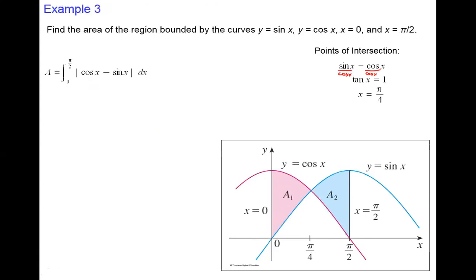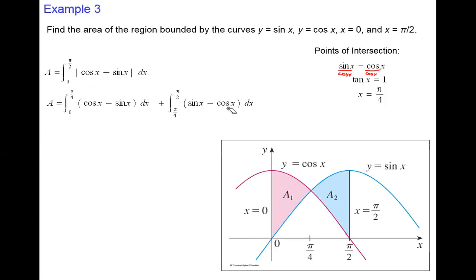This is just the very general setting: integral of the absolute value of cosine of x minus sine of x, from 0 to pi over 2. But now let's see what I did. I have to split. From 0 to pi over 4, the top curve is cosine, minus sine, the bottom one. In addition, from pi over 4 to pi over 2, sine minus cosine.